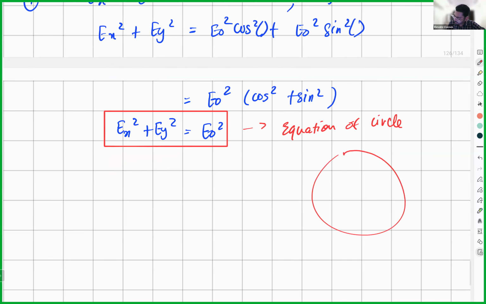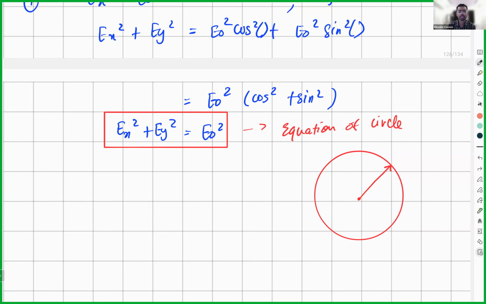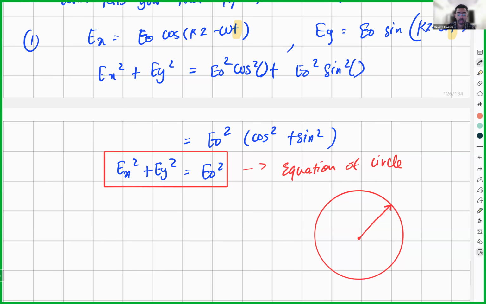So this is how my electric field vector traces a circle. Now it can have clockwise or anti-clockwise direction, which we'll have to check. Let us not draw any random direction. Let us say this is the x direction, this is the y direction, and the z direction will be such that when you curl your fingers from x to y, the thumb gives you the z direction.